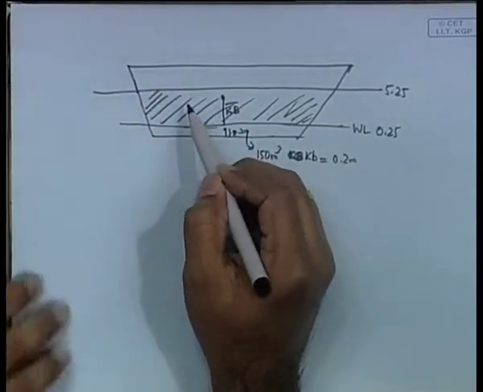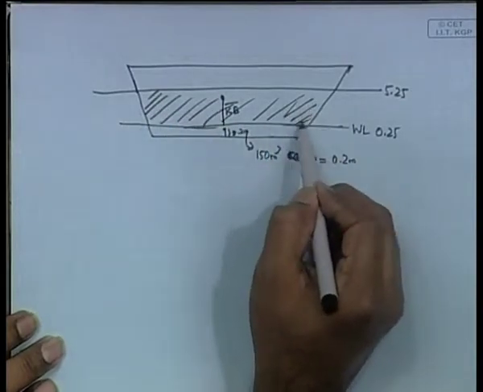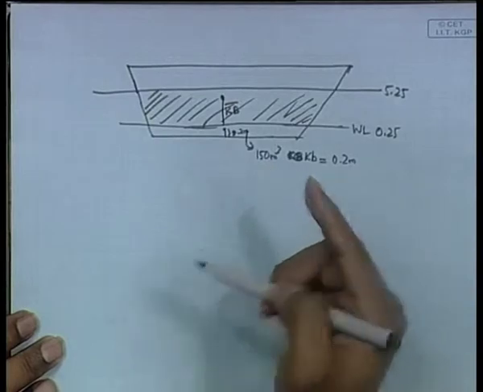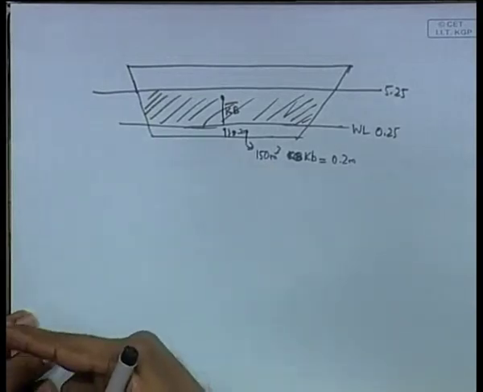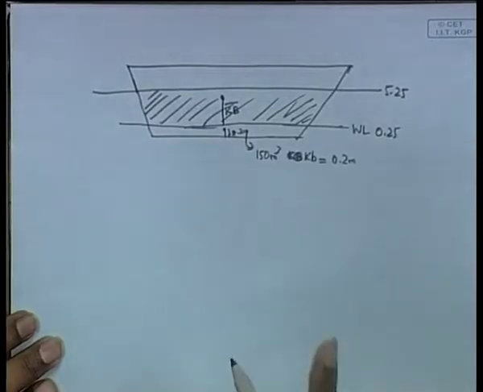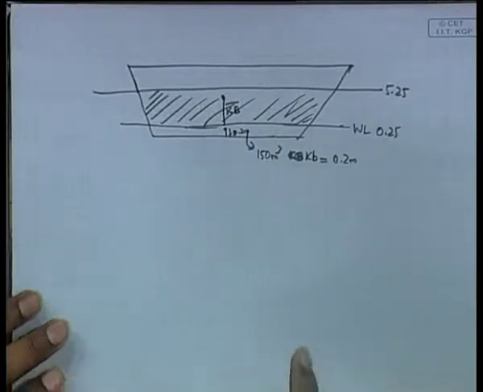By using the additional data given in the problem, you can find the Kb of the appendage. Then you have to find Kb1 V1 plus Kb2 V2 divided by V1 plus V2, which will give you the Kb of this whole ship. That is the first term, and next is to calculate the I, that we will come to. First, let us do this.